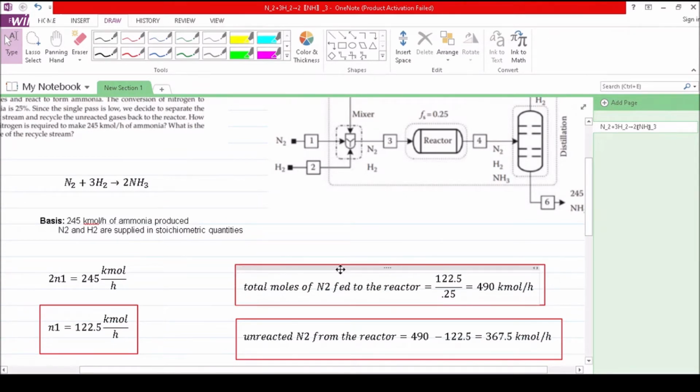We now have to get the hydrogen. To get that, we basically have to look at the stoichiometric ratios provided by the reaction. We can see that 1 mole of nitrogen plus 3 moles of hydrogen reacts to form 2 moles of ammonia, which basically means that we need thrice as much hydrogen to react with 1 mole of nitrogen to form our product.